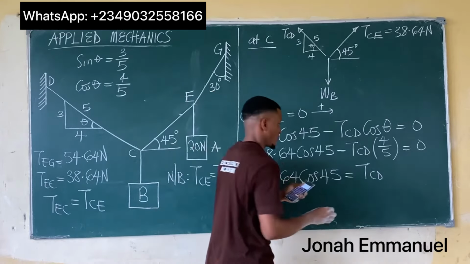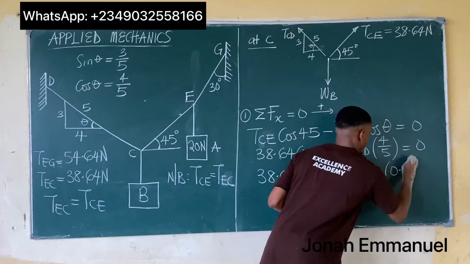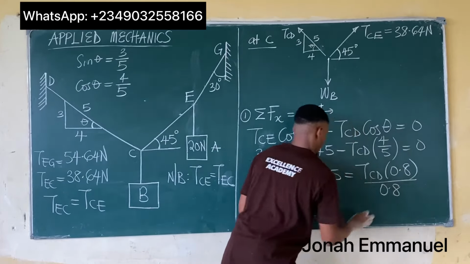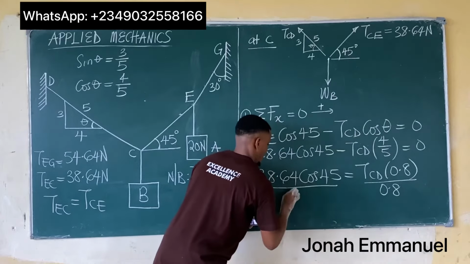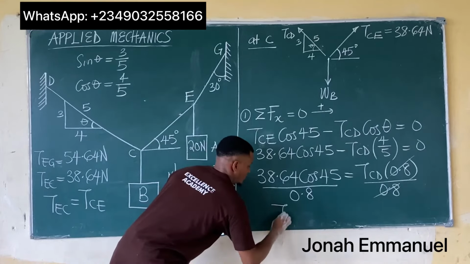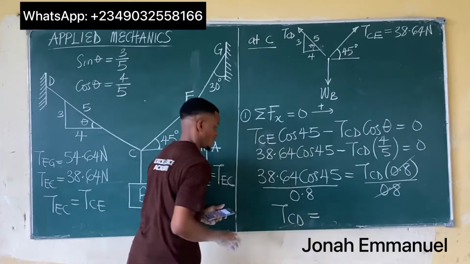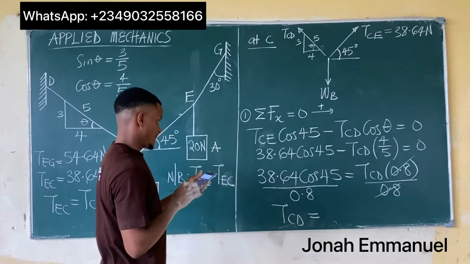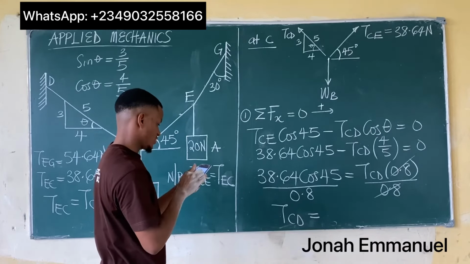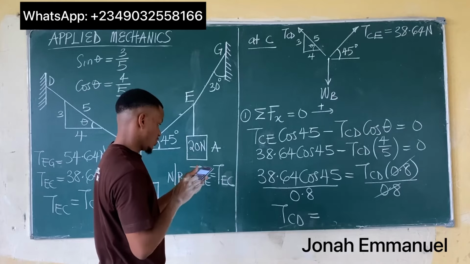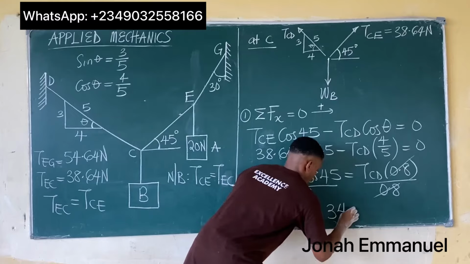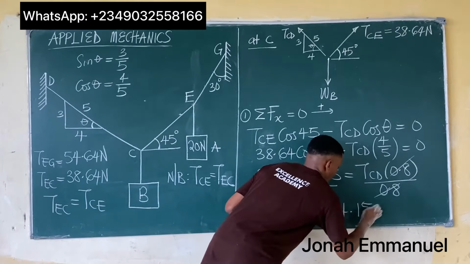4/5 is 0.8, so TCD into 0.8. To get TCD, divide here by 0.8, divide here by 0.8. So hence, this cancels this. I have that TCD is equal to 38.64 cos 45 all over 0.8, that's about 34.15 Newton.